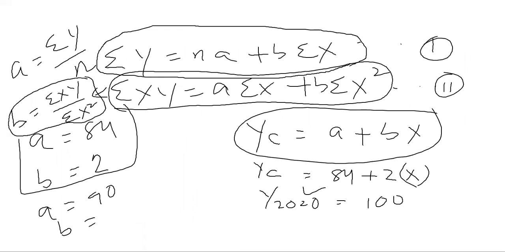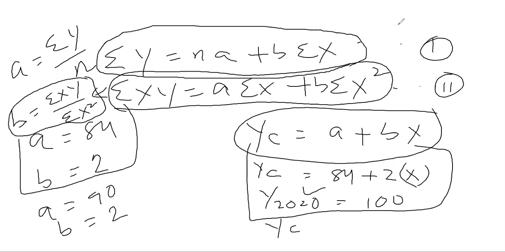You can apply the shortcut formula if you like. What is your b now? Ma'am, 2. Is 2. So now your equation in this second case becomes y is equal to 90 plus 2x.